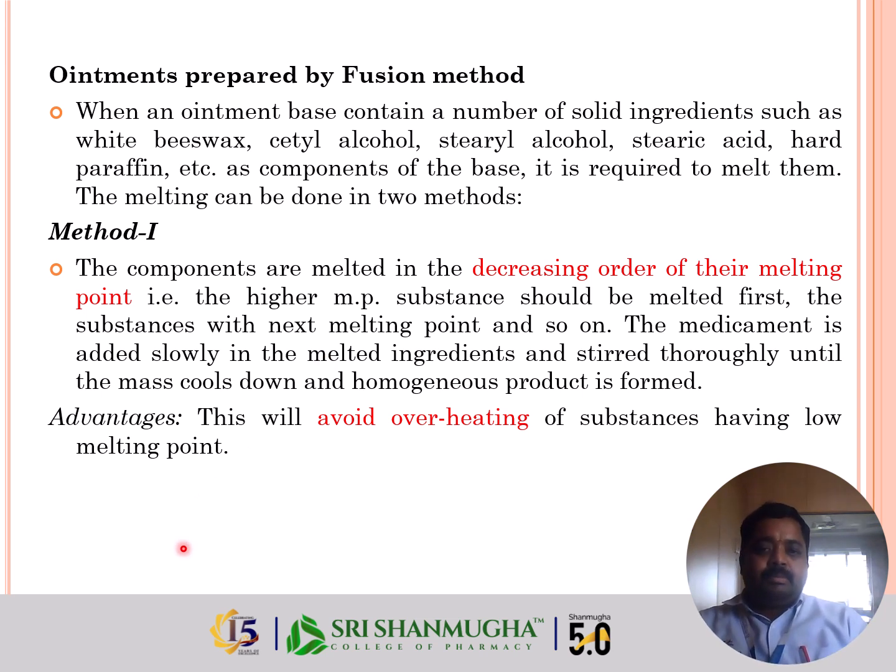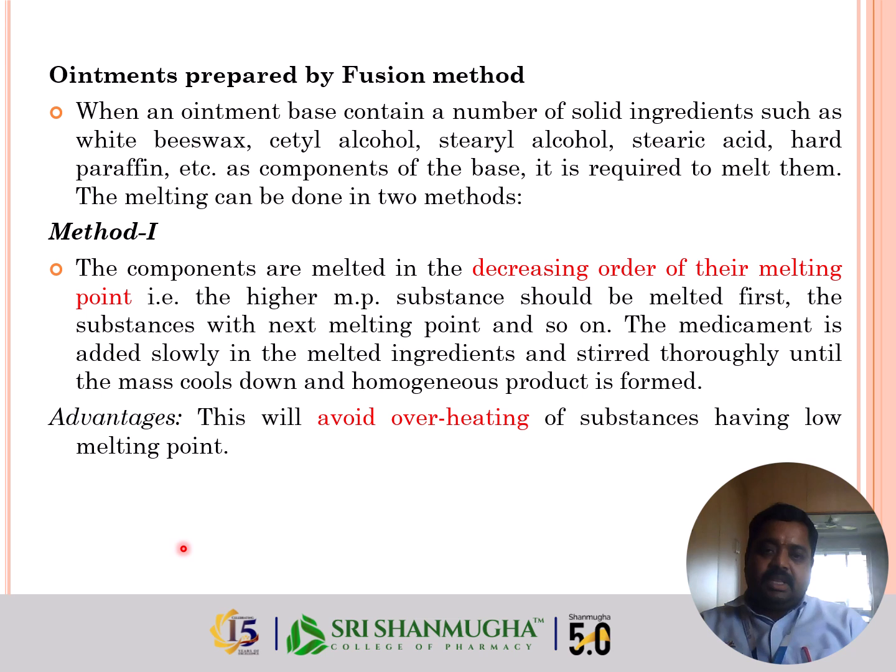The ointments prepared by the fusion method: when an ointment base contains a number of solid ingredients such as white beeswax, cetyl alcohol, stearyl alcohol, stearic acid, hard paraffin, etc. as components of the base, it is required to melt them. The melting can be done by two methods. Method 1: the components are melted in decreasing order of their melting point.